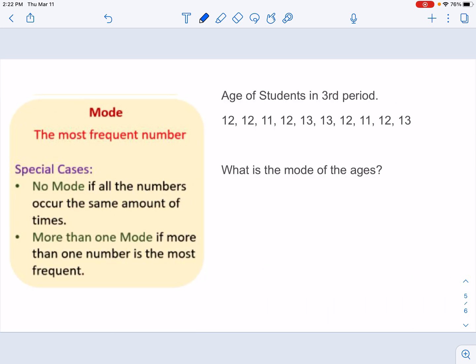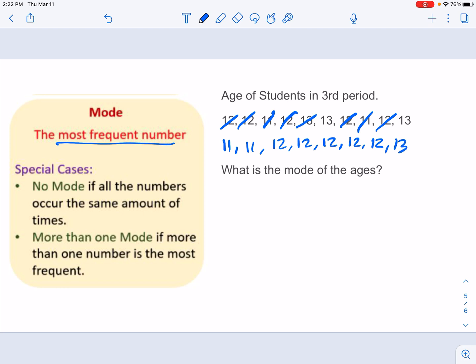All right, now talking about mode. Mode is the most frequent number. We're looking for what number appears most often. Okay, so I always like to start by just writing my numbers in order. Okay, so I have 11, I have another 11, we have 12, 12, another 12, another 12, another 12, and then 13, 13, and 13.